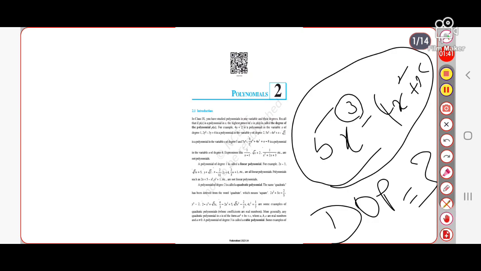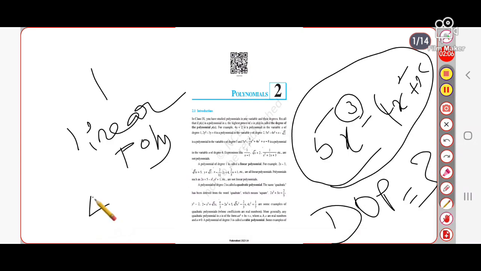Now when the degree of the polynomial is 1, it is called a linear polynomial. Say for example 4x minus 3.